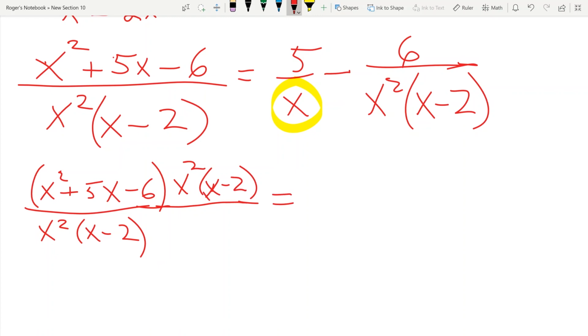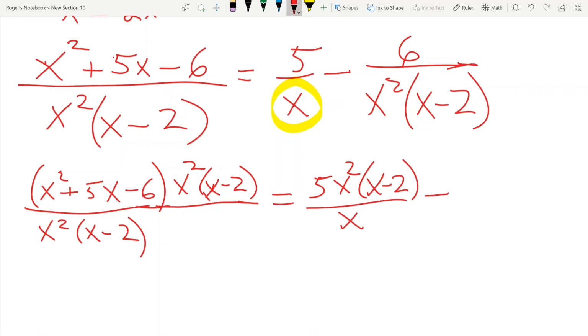Then we have equal to 5, and when we multiply it by x squared times x minus 2 over x, the x cancels the square on the x squared above, and we'll have 5 times x minus 2.